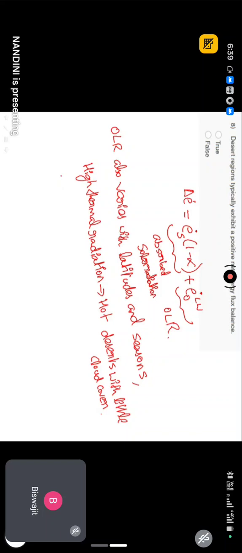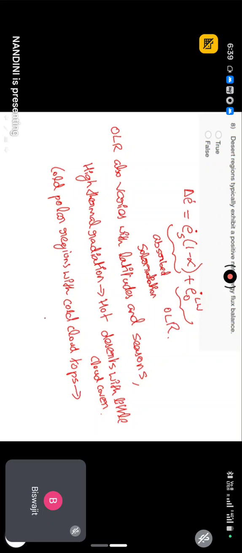Since the cloud is not blocking the outgoing long wave radiation, it freely goes to outer space. So hot deserts with less cloud cover have high thermal radiation, and cold polar regions with cold cloud tops have low thermal radiation, because the radiation going out will be from the cloud top.